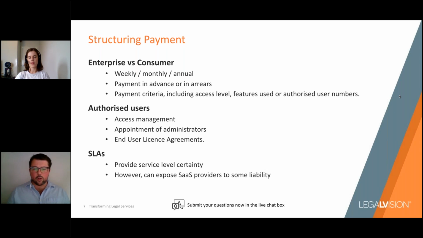So a common way we work with clients is to include service credits in the event that service level agreements are not met. And this basically means that, if the SLA is not met, the customer gets a credit in the subsequent billing cycle. And so that's again a nice way of making sure that you're tying the service over through to the next period, but you're not bleeding that cash flow, which can be so crucial to new businesses.